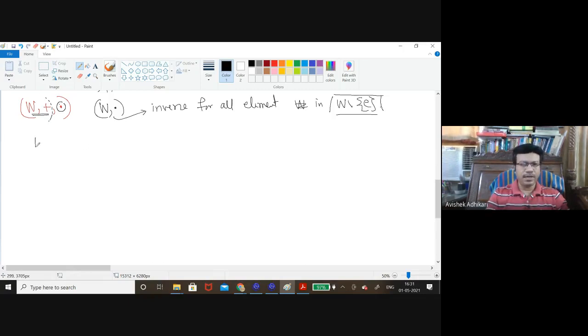For example, if I consider simply R with plus and dot, you can exploit all the properties with respect to R and plus, and then R minus 0 and dot. So there is also some relation between these.